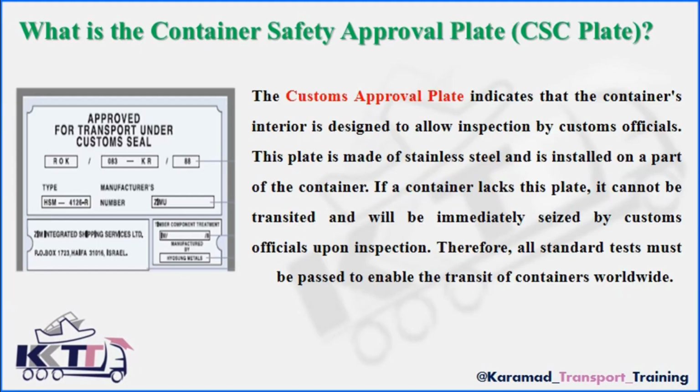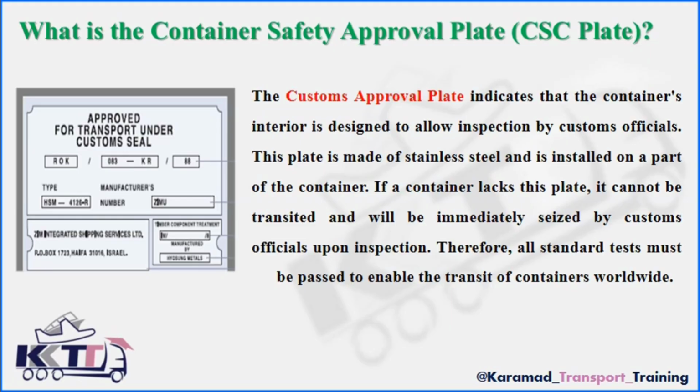What is the container's customs approval plate? The customs approval plate means that the interior space of the container is designed in such a way that it allows inspection by customs officials, appraisers, and relevant personnel. This plate is made of stainless steel and should be affixed to the rear part of the container. If the container does not have this plate, it cannot be transited, and if customs officers notice such a thing, they will immediately seize the container.